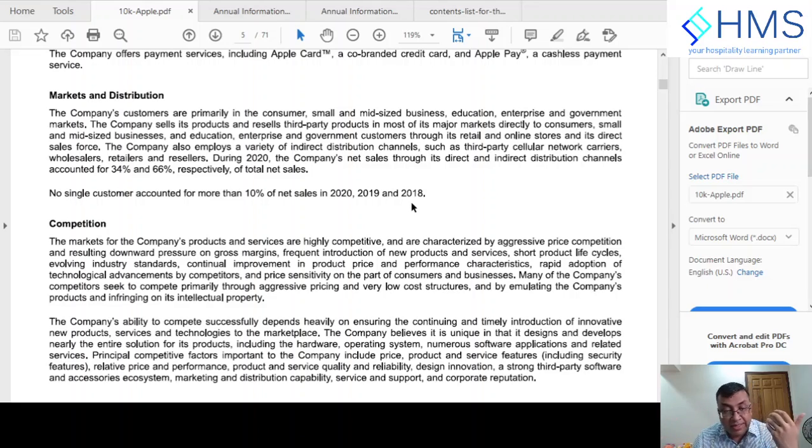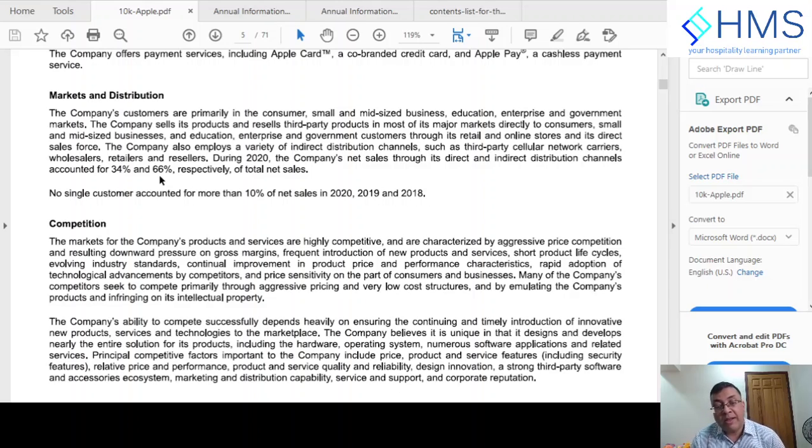So if the company's margin is, let's say, less than 10%, then it's even more important to understand who the customers are. Are they dependent on anyone? Because if they lose that customer, the company may not exist anymore. So that is pretty good information. And then they are also telling that net sales have direct and indirect distribution channels of 34 and 66%.